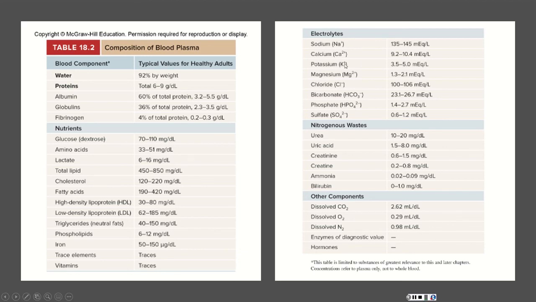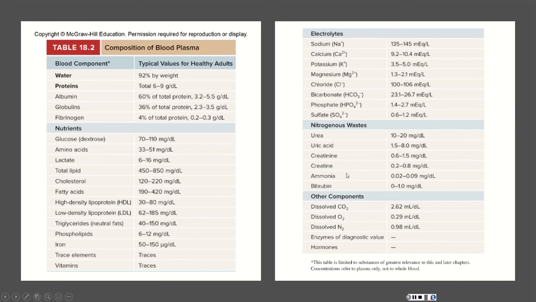Sodium and potassium, calcium and magnesium and chloride. We're going to talk about bicarbonate a lot this semester. This is something involved with maintaining our blood pH. Phosphate, sulfate. So you don't need to know all of these electrolytes, but you're going to pick them up just because of repeated exposure this semester.